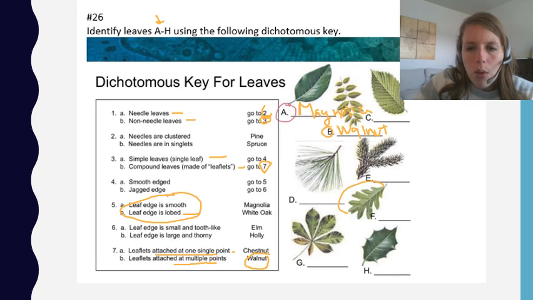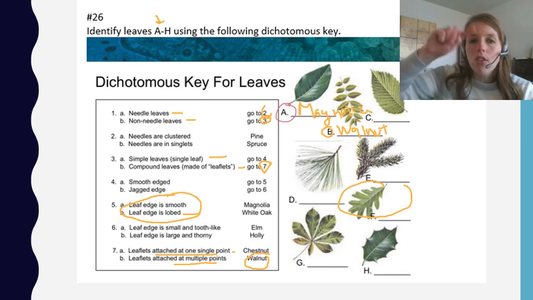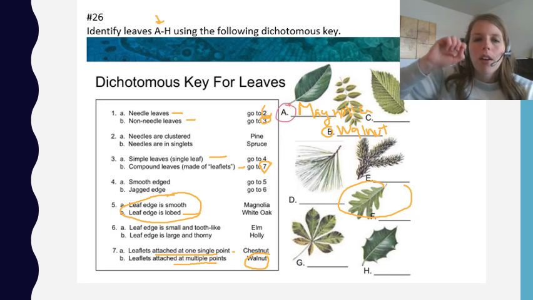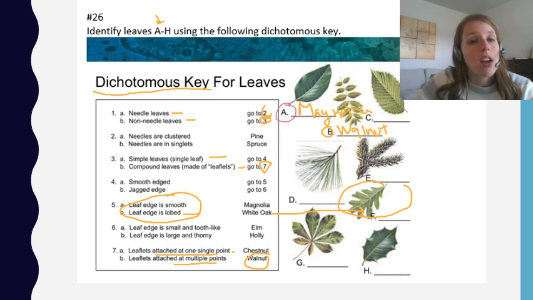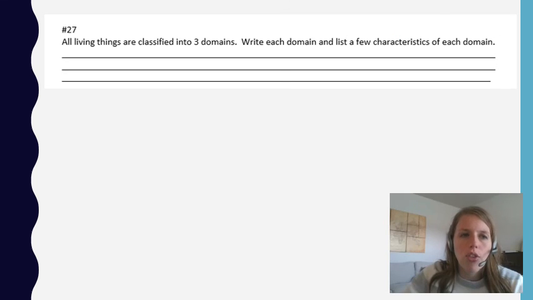I believe this is the one when they're talking about lobed. Anyway, it's smooth edged, but it's got lobes in it. So when you get down to that one, this one's a white oak. So you'll see that when you get there. But I think you guys can do this. It's kind of fun. So make sure you know how to use a dichotomous key. Very helpful for identifying things that you may not know what they are, but you can observe traits of that thing.